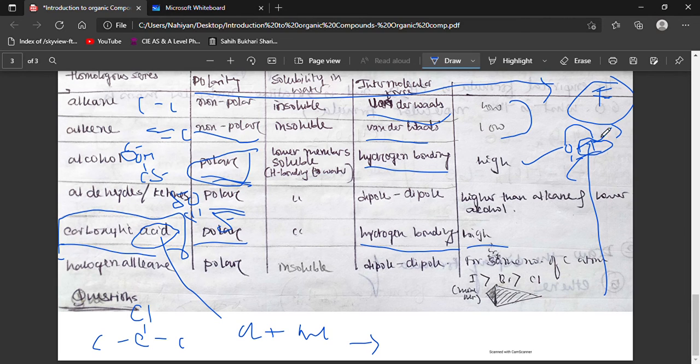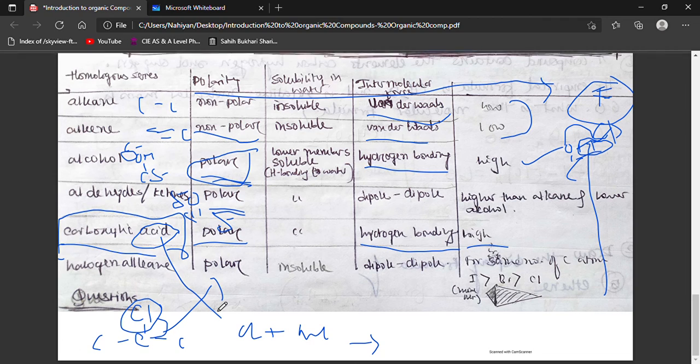Cl is just below fluorine, so its electronegativity is really high, and the electronegativity difference between them is also high. So it's also polar and has a strong bond. It can have delta minus and delta plus charges, so the reactivity is a little higher than alkanes and alkenes.